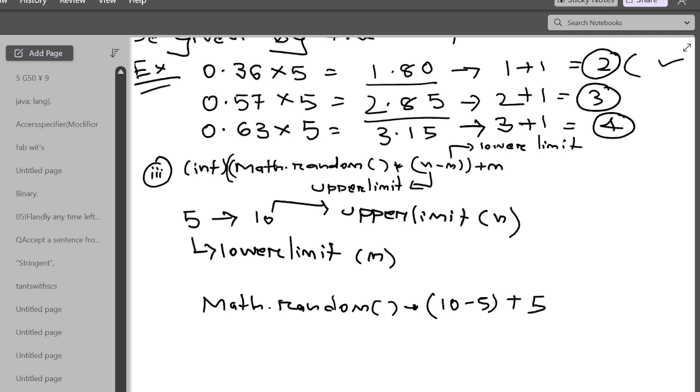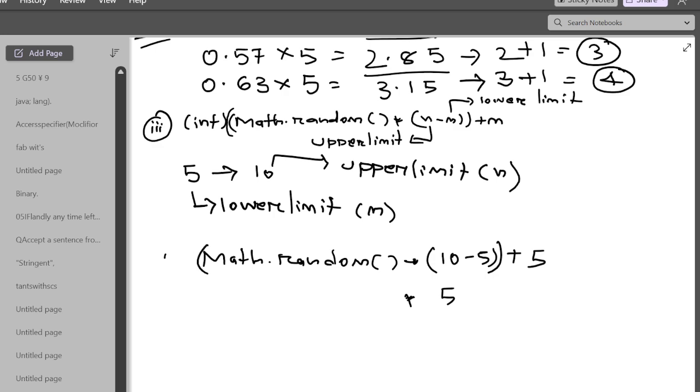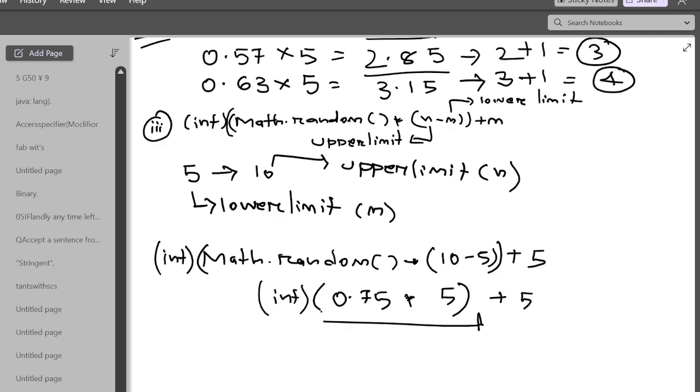So what will happen over here? 5 into, again, this whole will be converted into integer as mentioned. Suppose here the compiler has given me the random value 0.75. Here the multiplication will be done, then plus 5, while this whole is converted into integer.